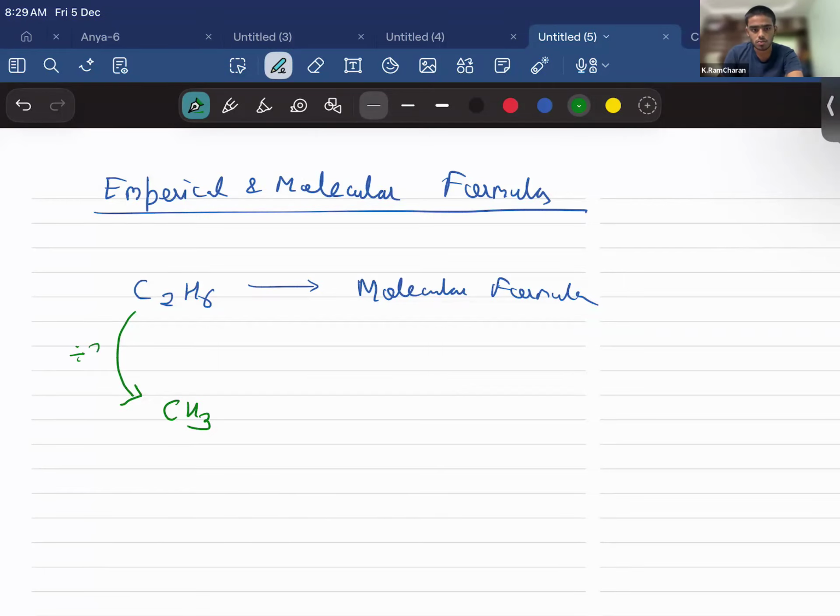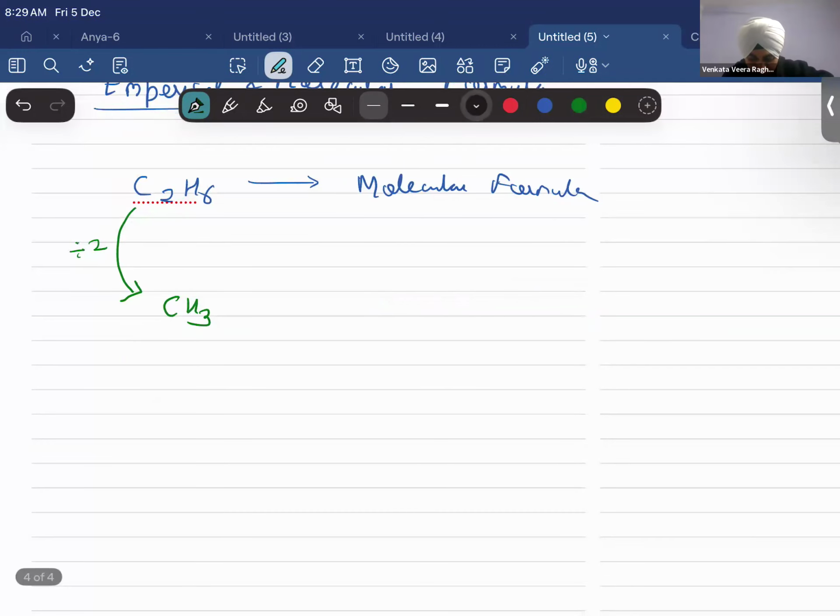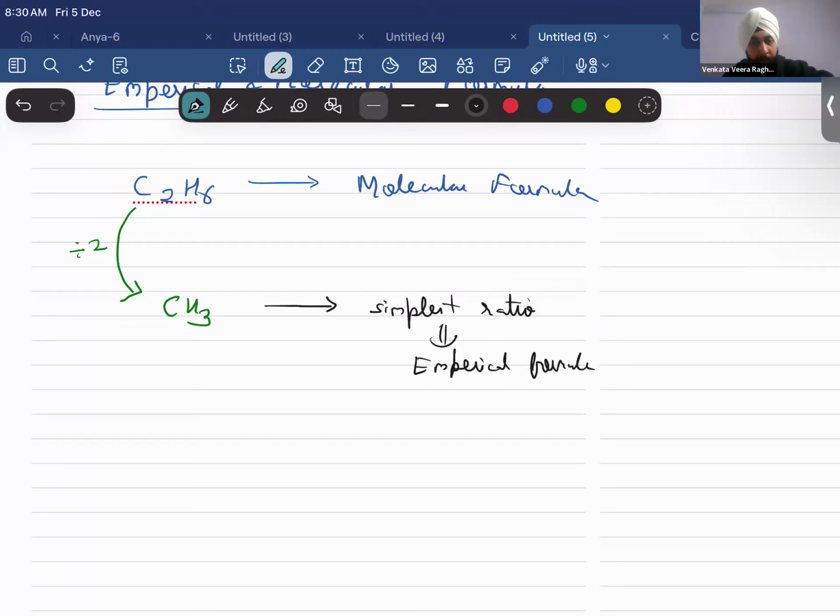Remember this. Whatever simplest ratio you have calculated, this is called your empirical formula. I hope it is clear.